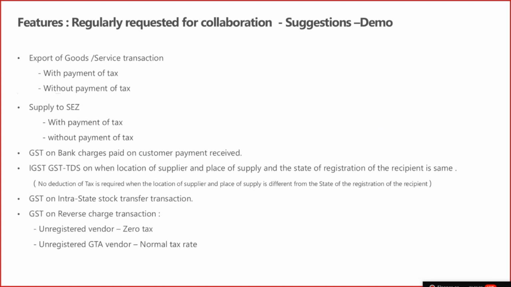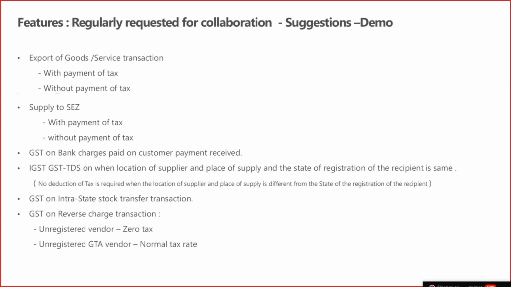Then GST on intra-state stock transfers. By default, the system does not calculate any tax on intra-state transactions. If you need a stock transfer, then you have to remove the condition in the configuration, and you have to mark each and every line as exempt.